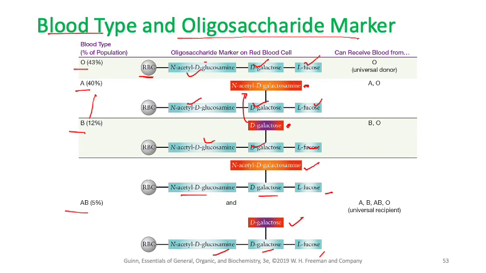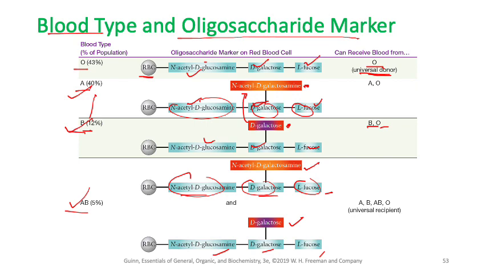And if we look over here at the last column, we can say O is a universal donor. Why? Because the 3 saccharides that make up the O blood type are present in every other group, A, B and AB. You can see the common part, right? Then the A blood group can donate to A and AB because it has the same composition of oligosaccharide.